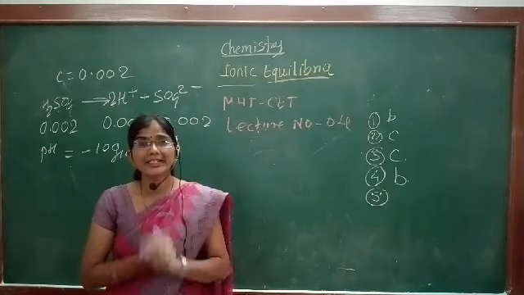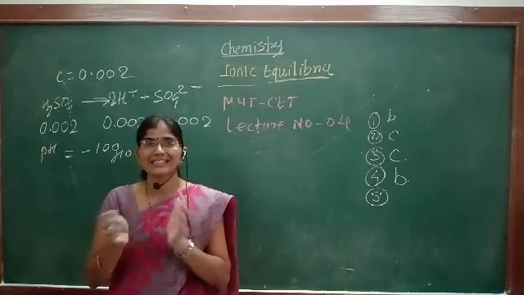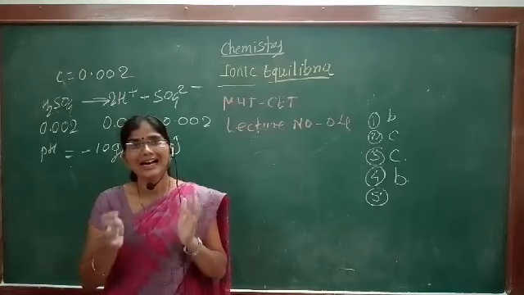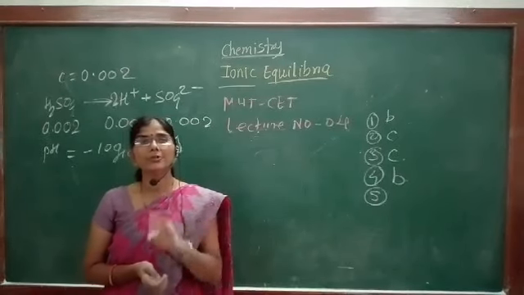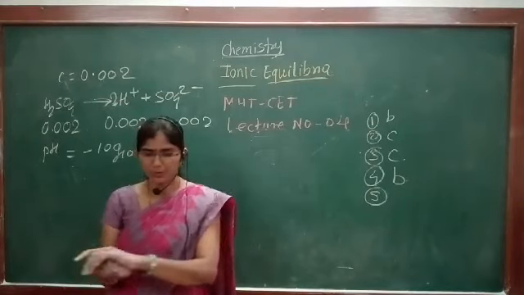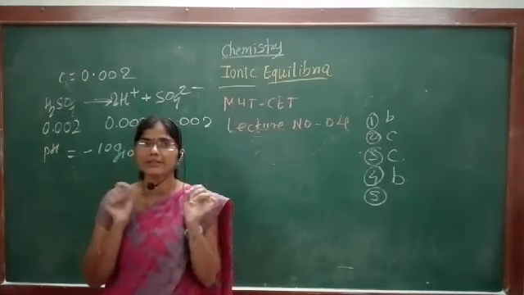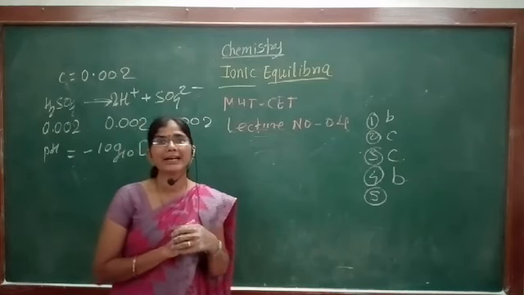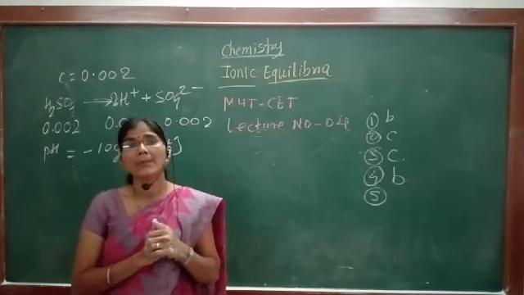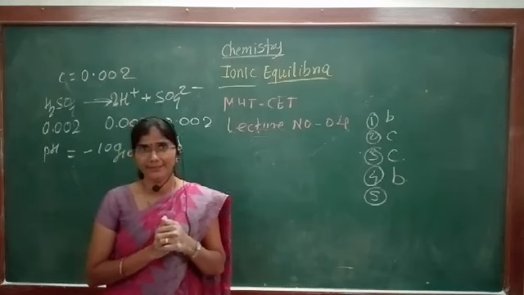For a monoprotic acid, the concentration term is as it is. For a diprotic acid, we have to multiply it by 2. And for a triprotic acid, we have to multiply the concentration term by 3.